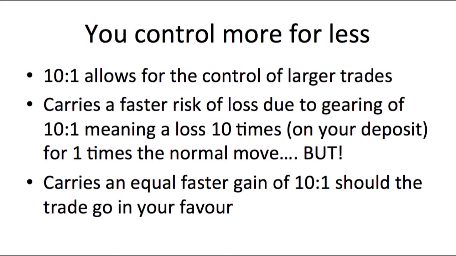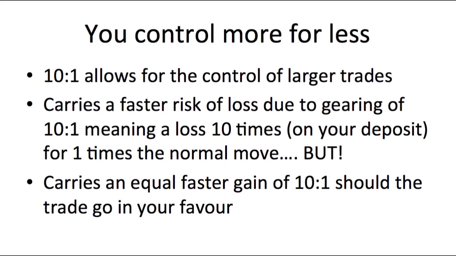So, for instance, if you have a small move in the equity that you're trading, this is magnified by 10 times in the margin that you put forward for the trade. So you can lose quite quickly.